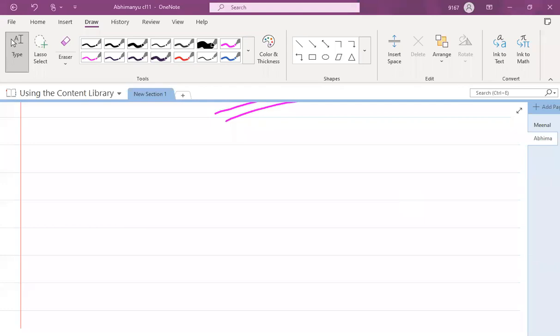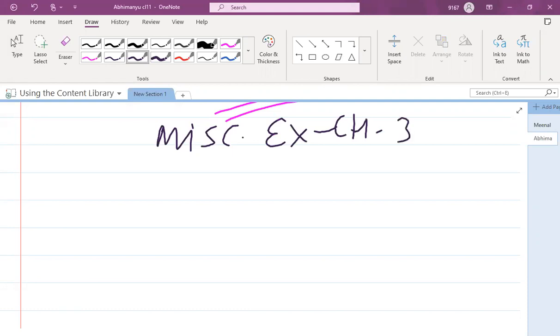Now we shall do miscellaneous exercise, Chapter 3, Class 11.